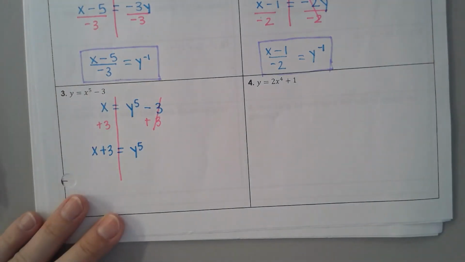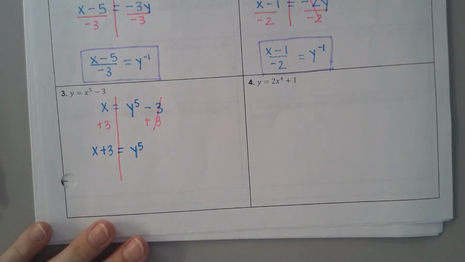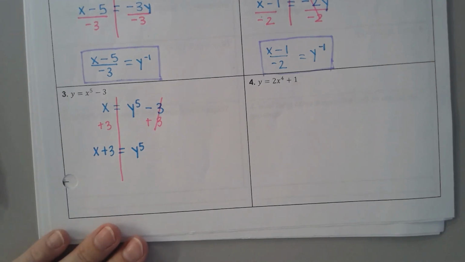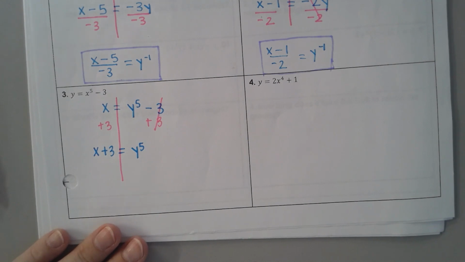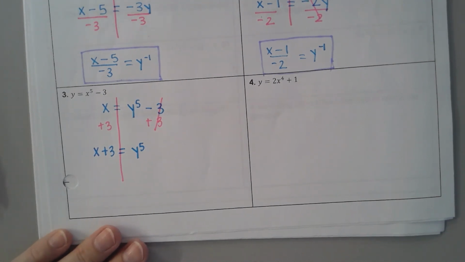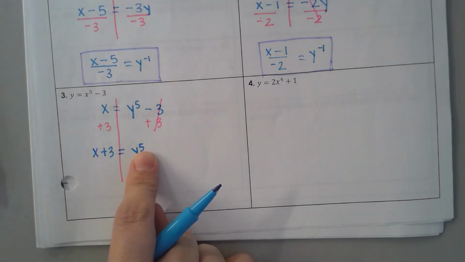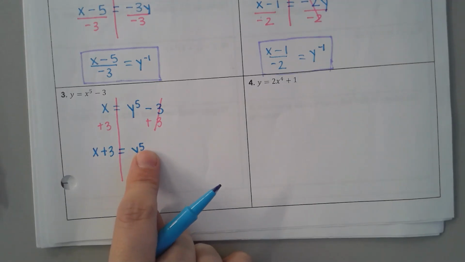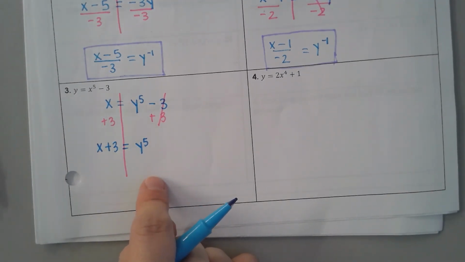x plus 3 equals y to the 5th. Now, what are your ideas on getting rid of an exponent of 5? We don't subtract, we don't divide, we don't multiply. It's not a square root, it's the 5th root. Whatever exponent you have, we take that root. If we had an exponent of 4, we would take the 4th root.